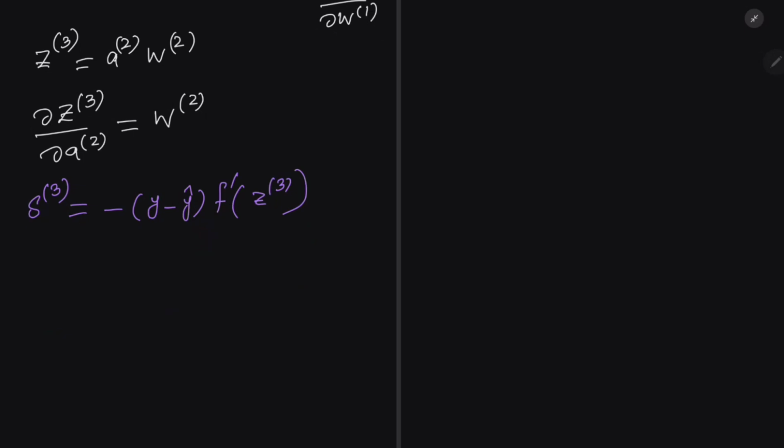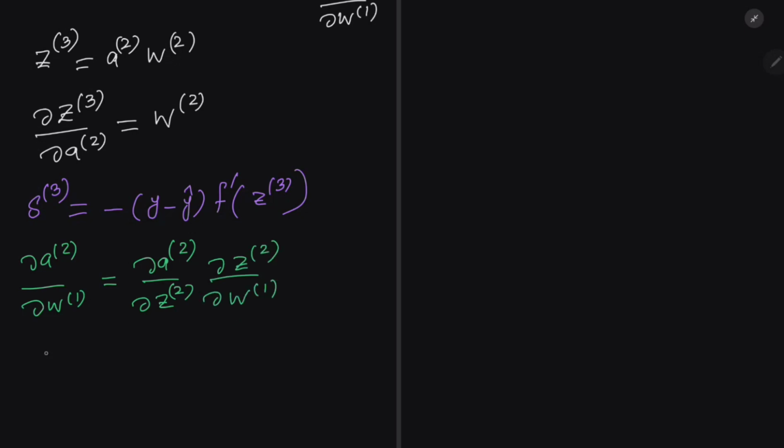So partial a2 by partial W1 will be equal to partial a2 by partial z2, partial z2 by partial W1, and partial J by partial W1.